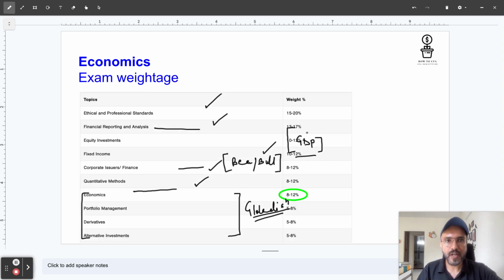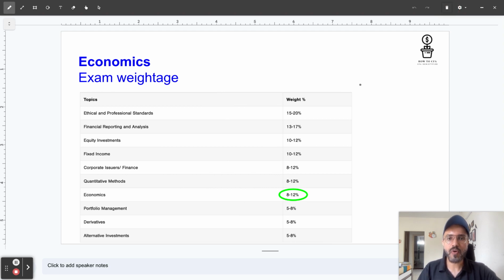Before we move forward and get into the lecture, here is a quick synopsis. What is the weightage of economics in your CFA Level 1 exam? Friends, as I have told you, there are 10 sections in your CFA Level 1, starting from ethics, financial reporting, equity investment, all the way till derivatives and alternative investments.